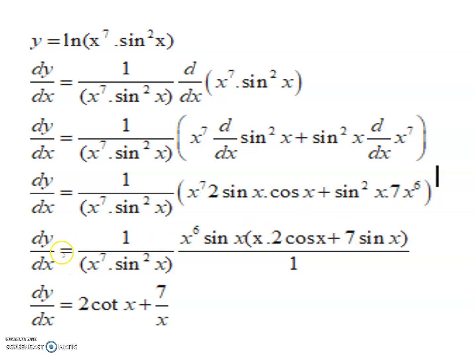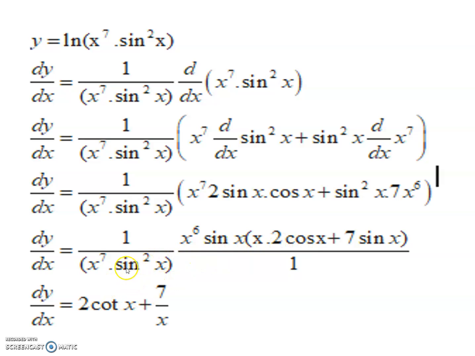So we derive dy by dx is equal to 1 upon x raised to 7 into sin square x, into x raised to 6 remaining the same. We have to take sin x and x raised to 6 common. So in the bracket we simplify: 2 cos x plus 7 sin x, and the denominator is 1. So common terms we calculate and simplify.